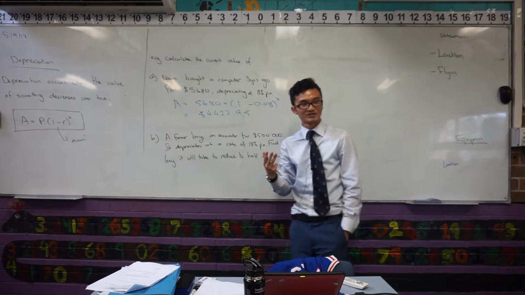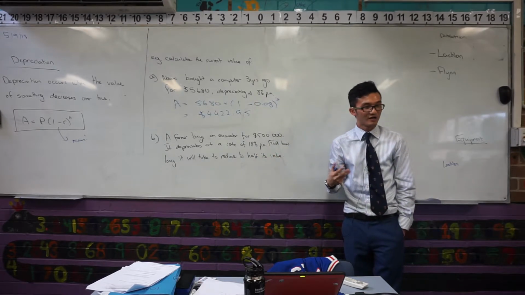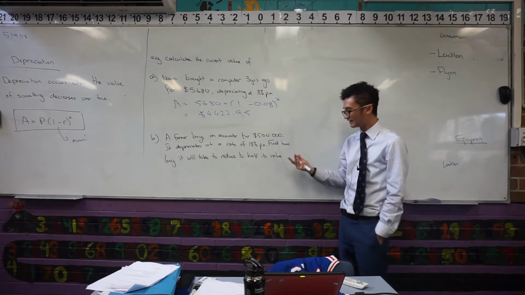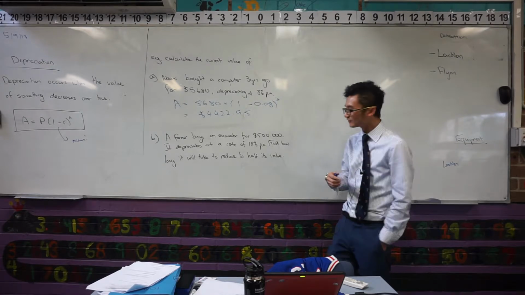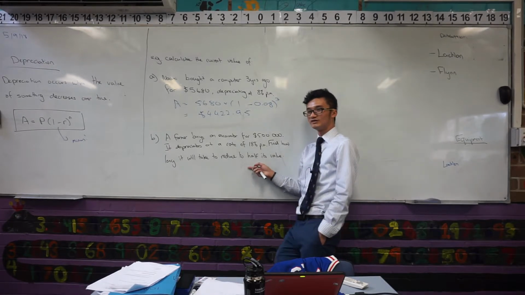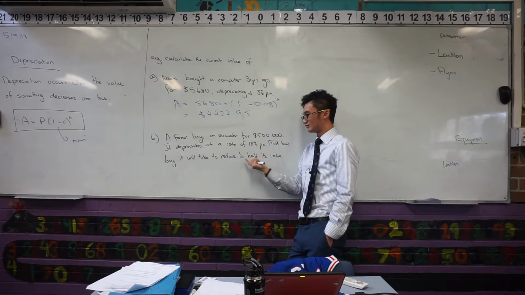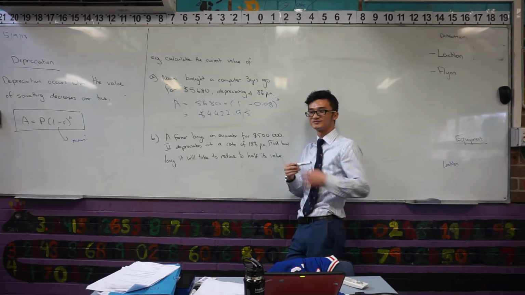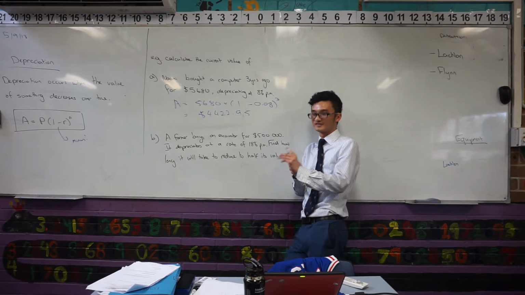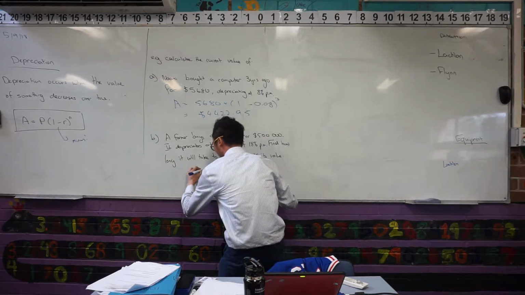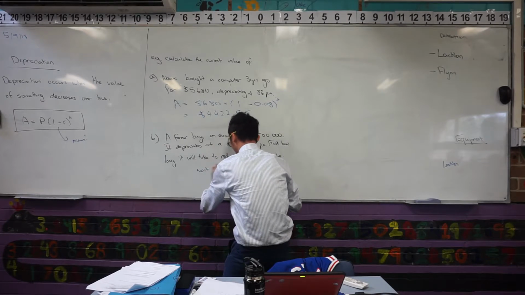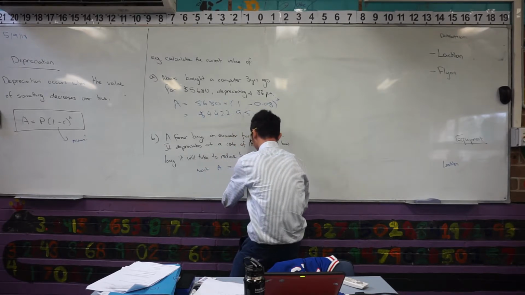It's a slightly different question, right? I'm not looking for the final amount anymore. I'm looking for how long it takes to get to half its value. Have a think about this really carefully. What do I want the final amount to be? What do I want it to reduce to? 250,000. I want A to equal $250,000.